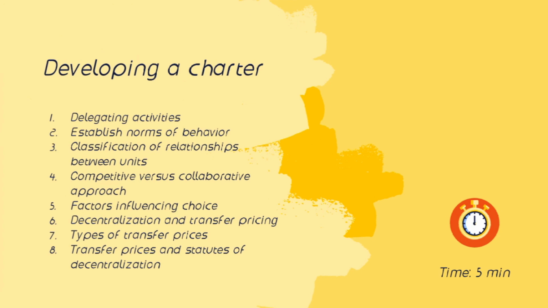And the last is about transfer price and decentralized status. This section states that a major element of decentralization is the need to develop an appropriate constitution, such as which activities and decisions will be made by headquarters and which will be delegated to individual units.